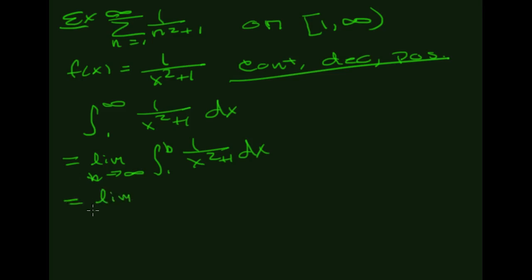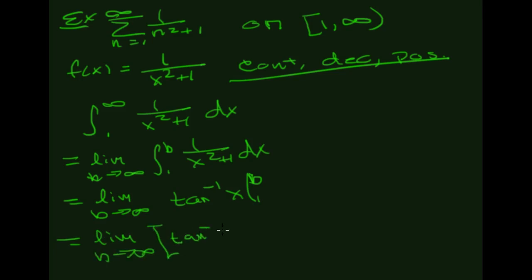So this is the limit as b approaches infinity of the inverse tangent of x from 1 to b, which is the limit as b approaches infinity of the inverse tangent of b minus the inverse tangent of 1, right?